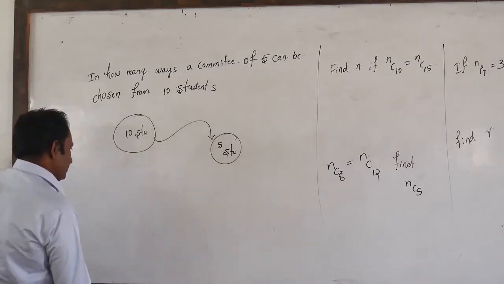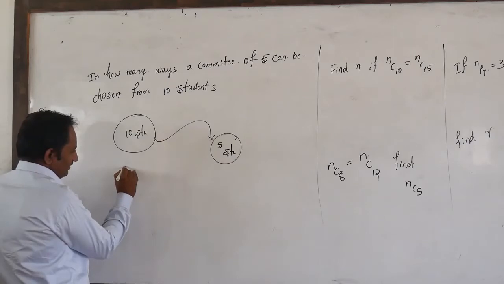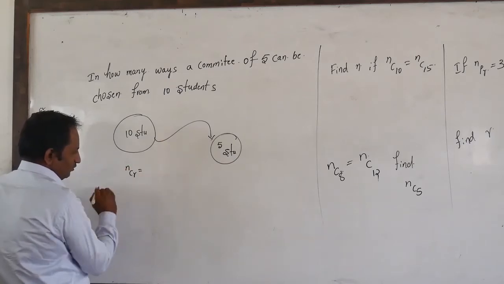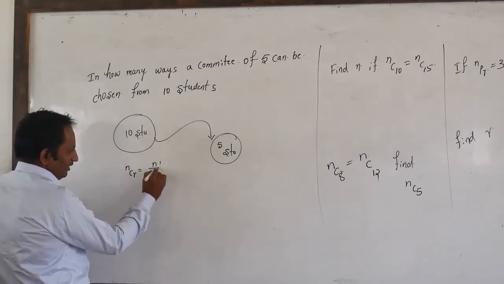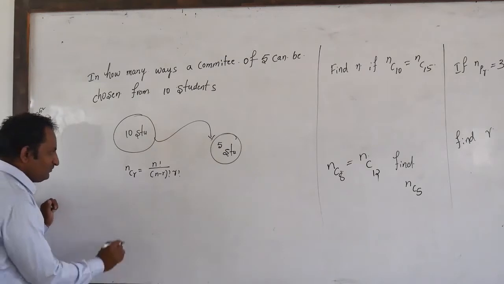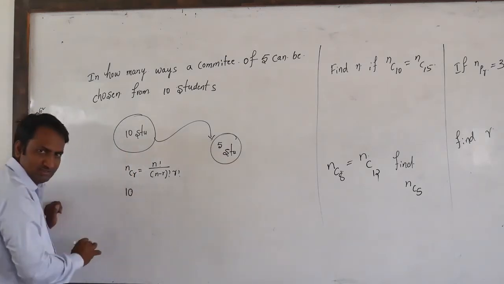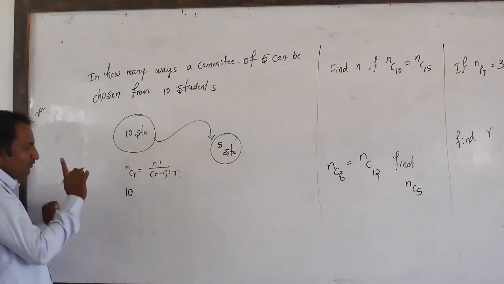For that we know the formula nCr is equal to n factorial divided by (n minus r) factorial into r factorial. Here n means the total available students.